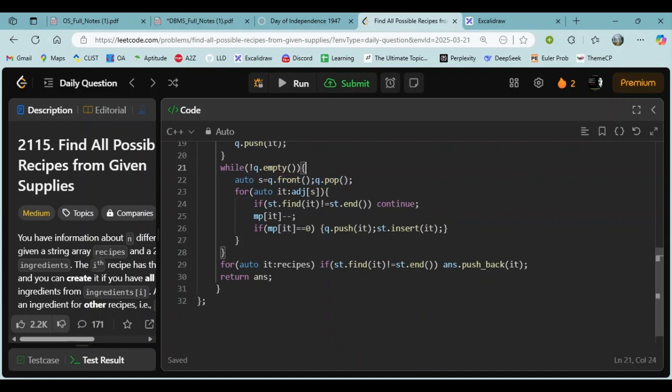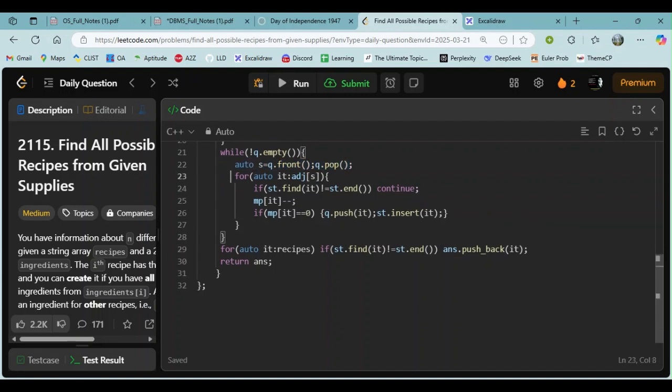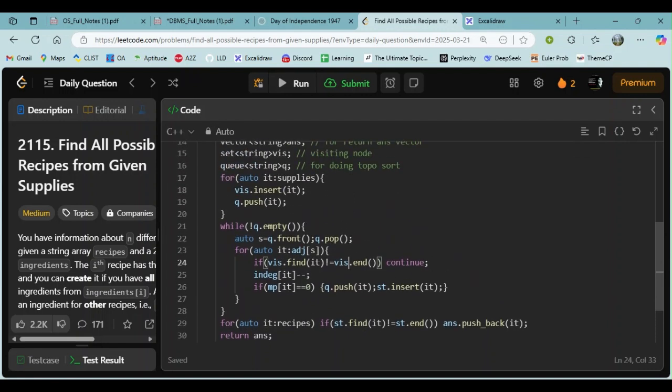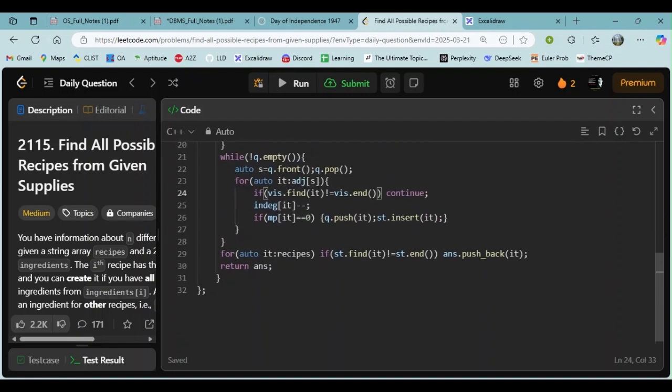Then I am popping from the queue until my queue is empty, and going to the neighbors of the front node, and if it is visited, then I will continue, else I will just decrease the in degree of it.